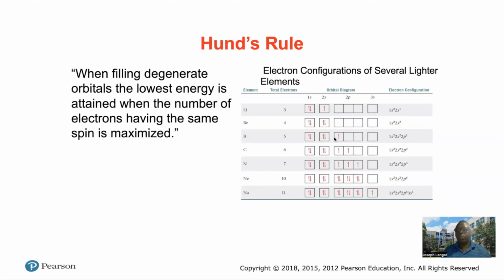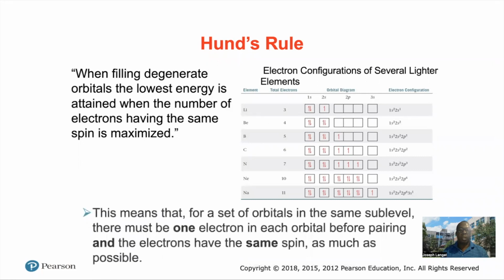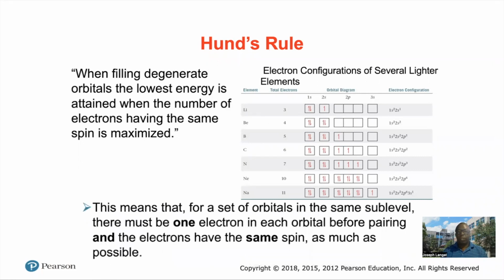What this means is you don't just take the highest level and leave some empty shells to maximize the energy; they occupy the lowest level. For a set of orbitals in the same sublevel, there must be one electron in each orbital before pairing them, degenerate.